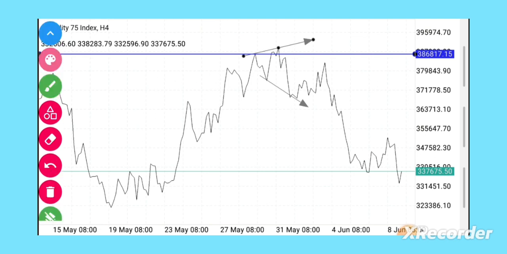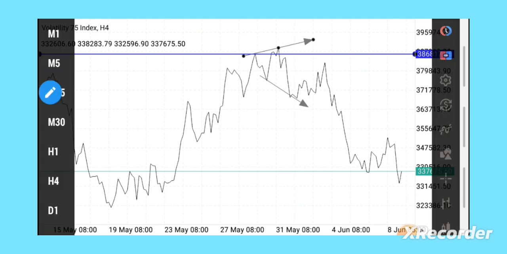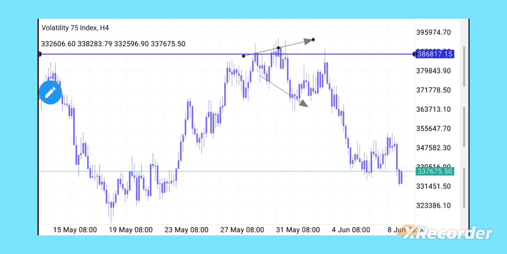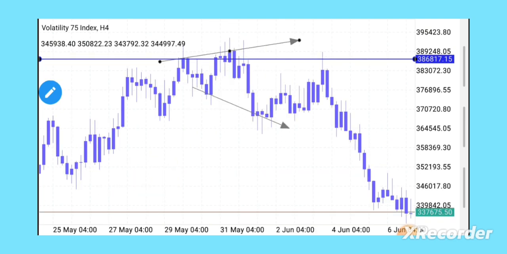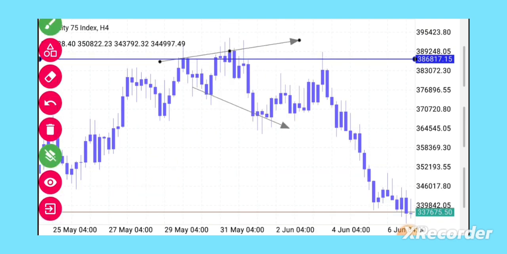So let us go back to candlestick and see what happened. You can see that the market came very well and touched here, and touched this area. After touching, it gave us a bearish engulfing candlestick pattern, and then you execute around this area, stop loss above, and then we ride the market down.